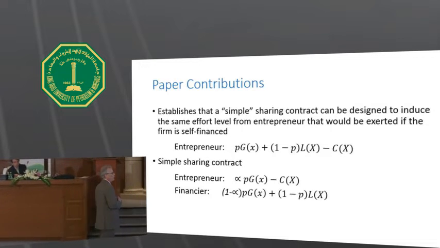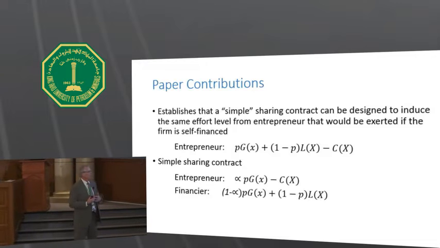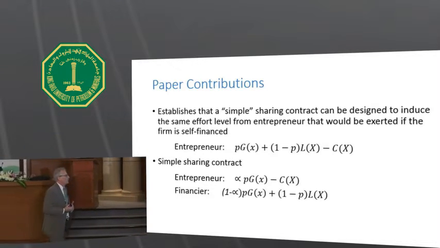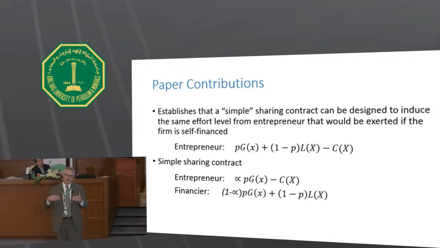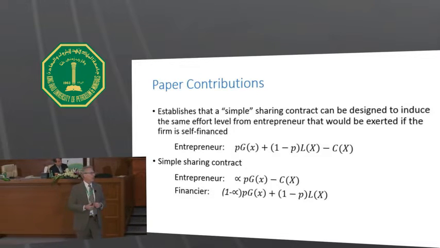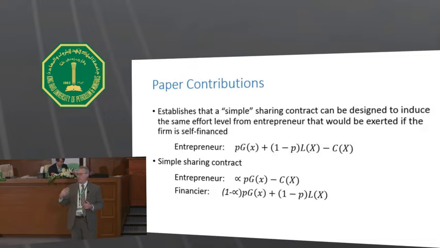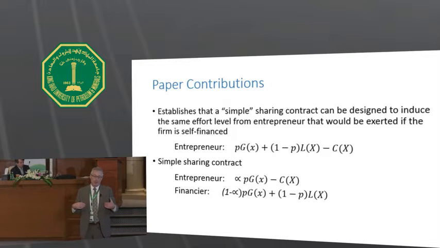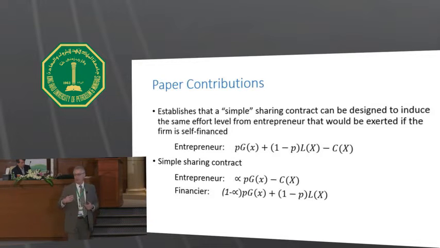And then if we're going to put this into the context of a sharing contract, then what happens is that the entrepreneur retains a share of those profits, but is still paying the full cost associated with personal effort. And then the financier is going to take the offsetting share of the profits, but will bear the full losses associated with that.